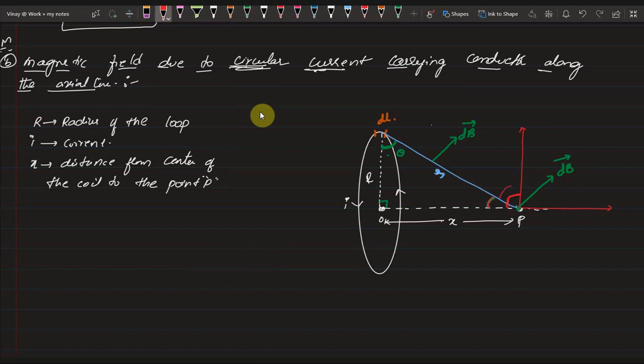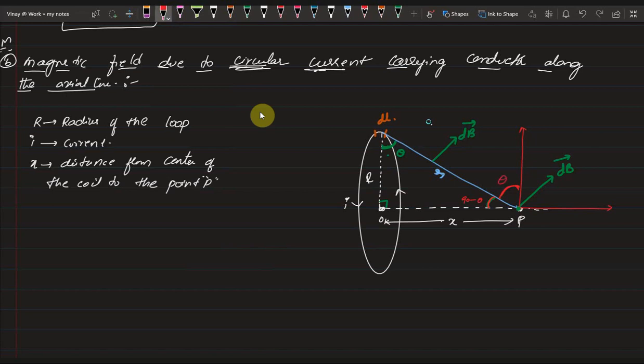Can you tell me what about this angle? Theta. Very good, theta.